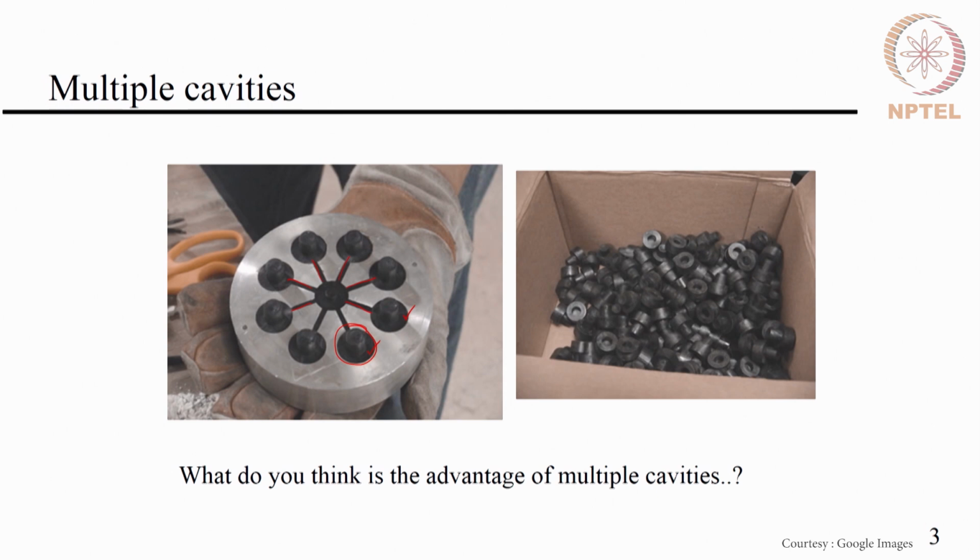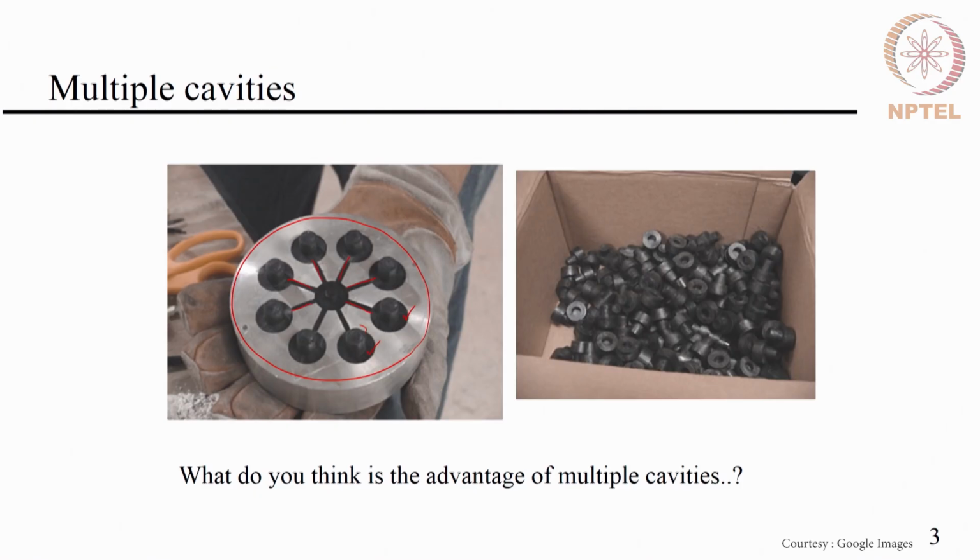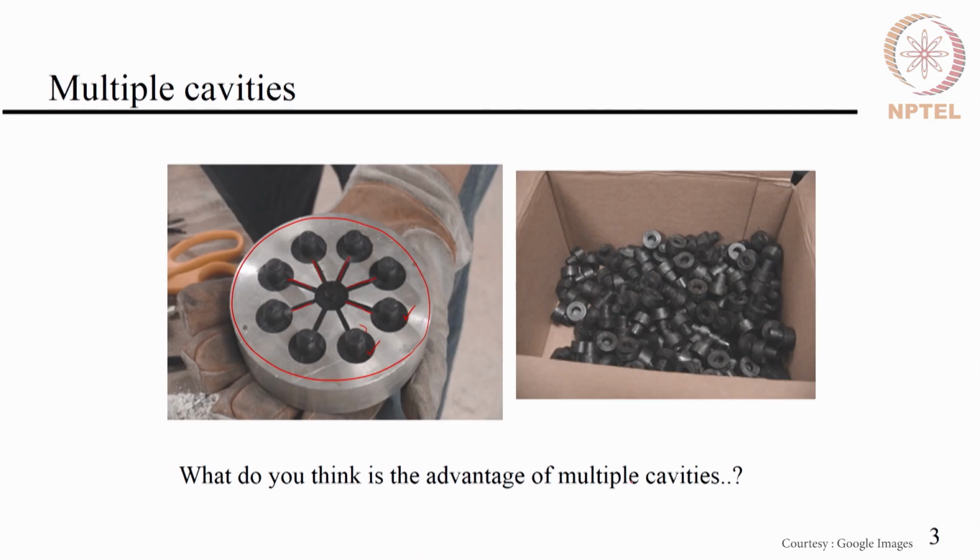Obviously, because we have gone for multiple cavities, the mold size has increased, the clamping force that is required to hold the mold will also increase, and thereby the cost of making the mold will increase, but the cycle time that is associated with making one single component reduces. So, this gives a trade off, and one has to decide on how many cavities to go. So, that itself becomes an optimization problem.